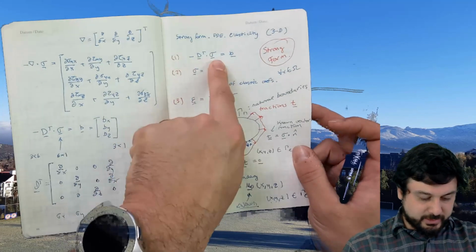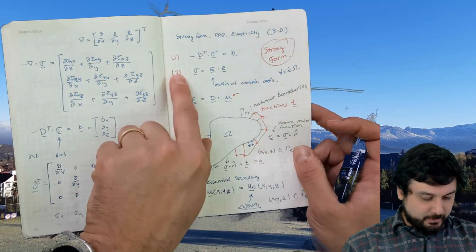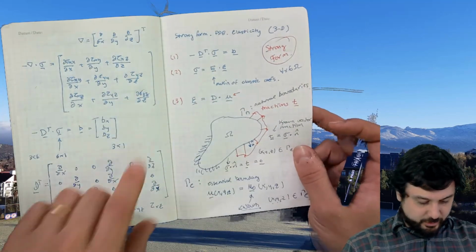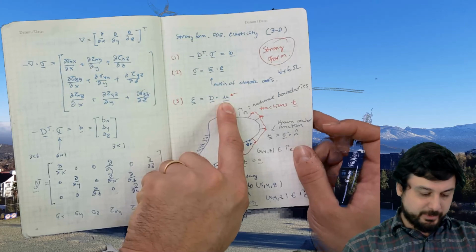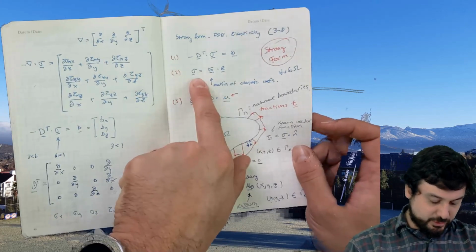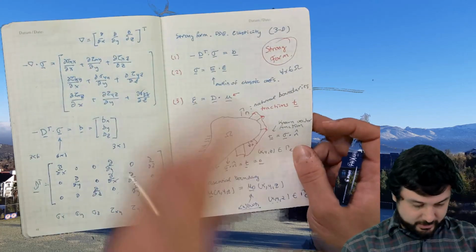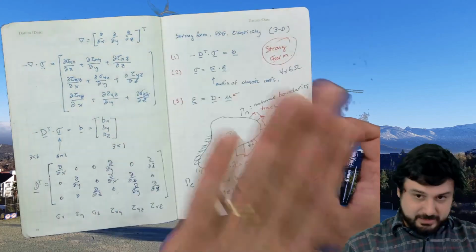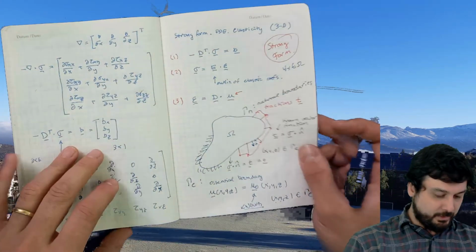So the gradient of the stress field must be equal to the body forces, along with all these other conditions. So U is going to be a solution, and the solution is going to be in equilibrium if, when you compute the strain field and then compute the stress field and then take the derivative of that, it's going to be equal to the body forces. Okay, that's a strong statement, and that holds for every single point of the domain.